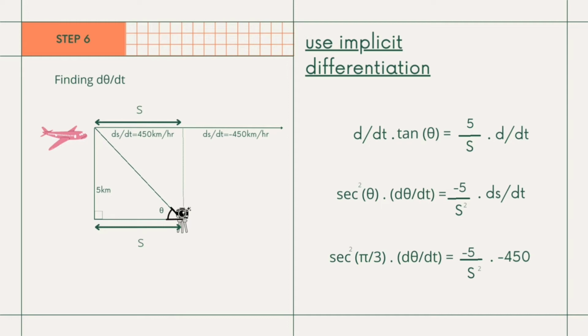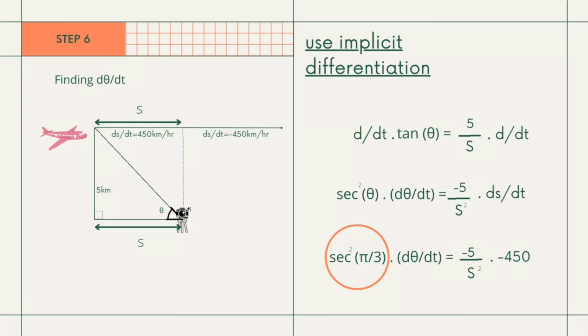Next, we differentiate the right side. We move s to the top and differentiate it using the power rule. So it's going to be negative 5 over s squared, and s is also a function of time, so it's going to be ds over dt.